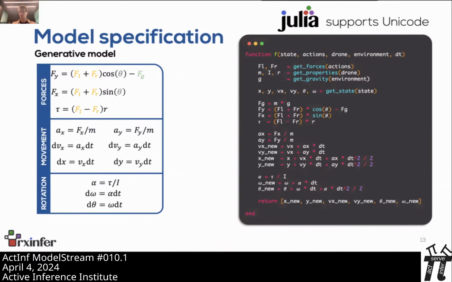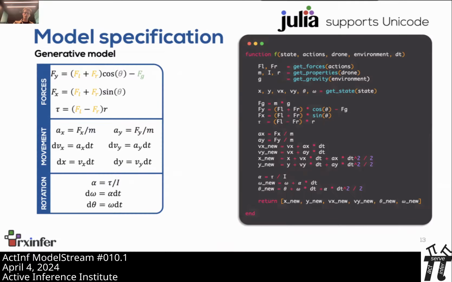So the second term adds for this effect and makes it a bit more realistic. With that out of the way, we can do similar things for the rotation. So the rotational acceleration is our torque divided by our moment of inertia that we got from the drone. We again can update the angular velocity based on its previous angular velocity, the acceleration that we just computed, and the time interval. And based on that, we can also update our angle.